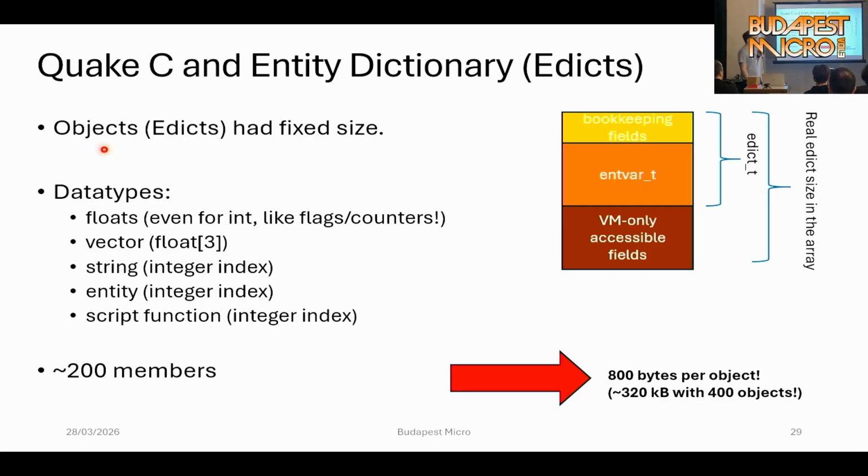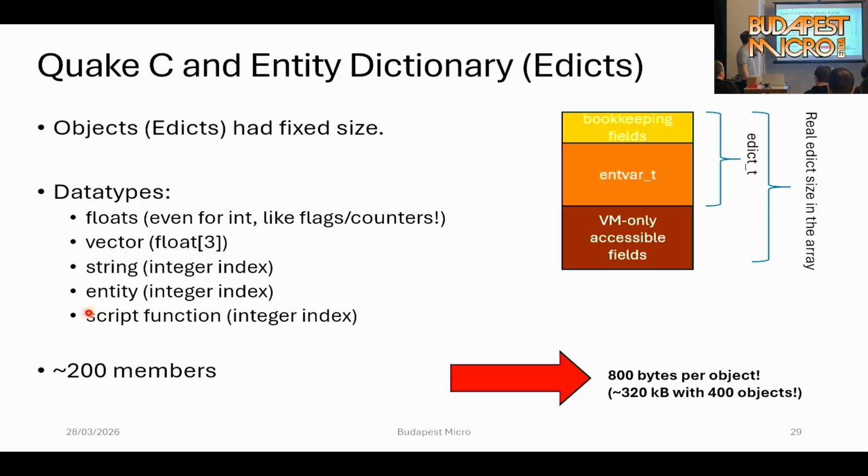An array is allocated, so all the edicts have the same size. And the data types are floats, basically. Even if you have to count the number of ammo, it's a float. There is no int. And then there are vectors or string entity or script function, but they are all 32 bits. And of course, vectors are 12 bytes.